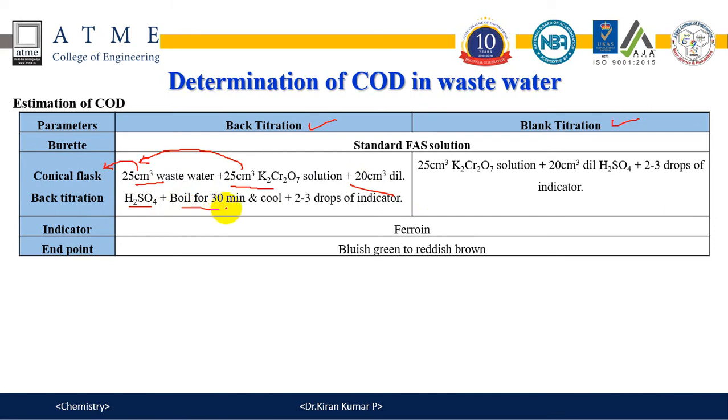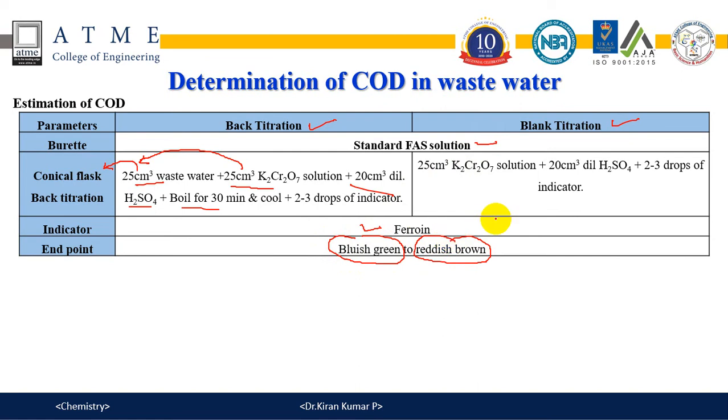Boil about 30 minutes, cool the solution, then add ferroin indicator and titrate it against standard FAS solution taken in a burette till the color changes from bluish green to reddish brown. So this is the end point.